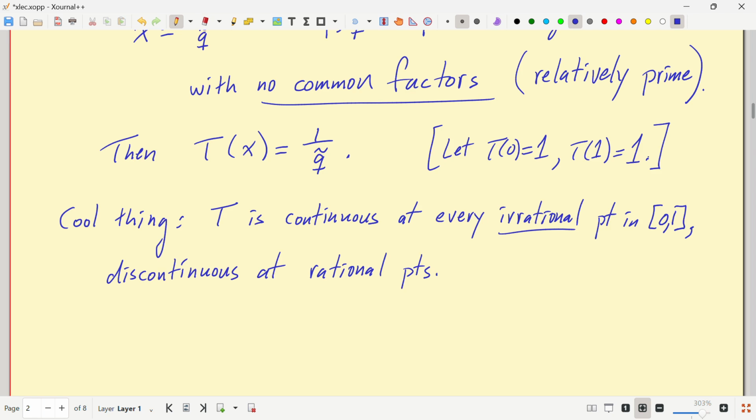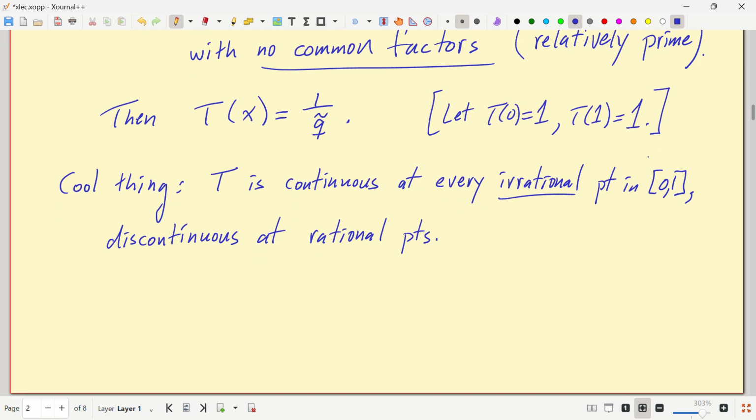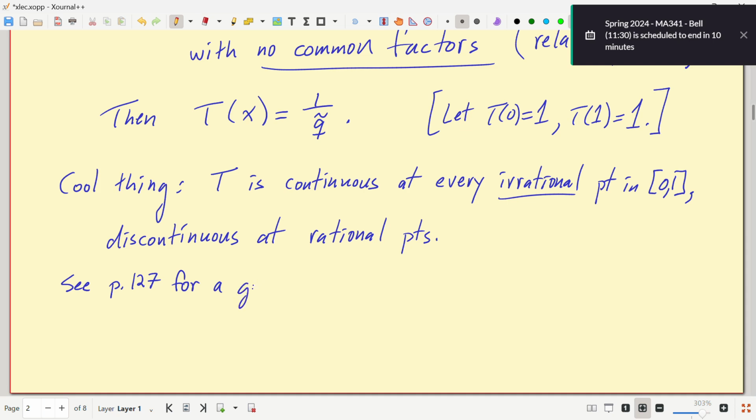Anyway, it's not a hard thing to do. Pretty nifty. And the book kind of gives a computer-generated graph of this Thomae function. So see page 127, for an attempt. It's a really wild-looking thing.